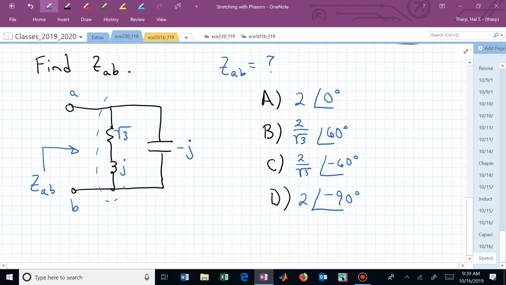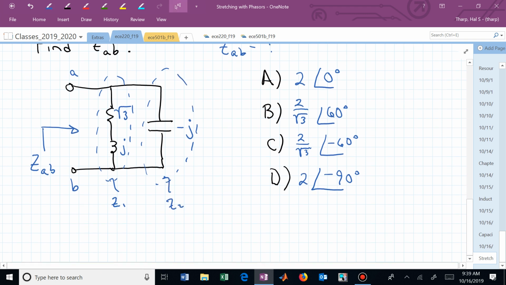Here is one impedance. You could say that's Z1, and here's another. This one is Z sub 2, and now Z sub AB is Z1 in parallel with Z2. And how do you combine parallel resistors when you just have 2?